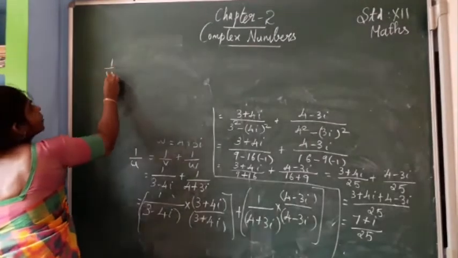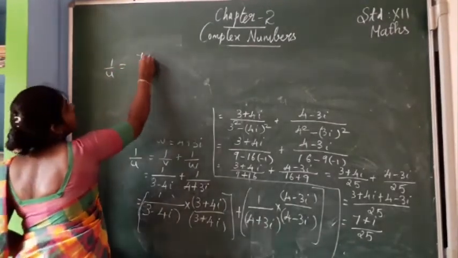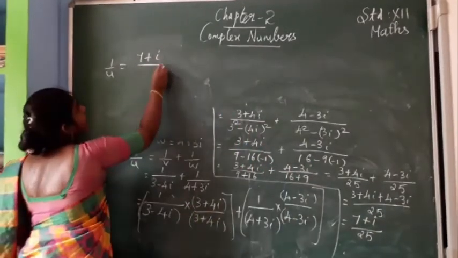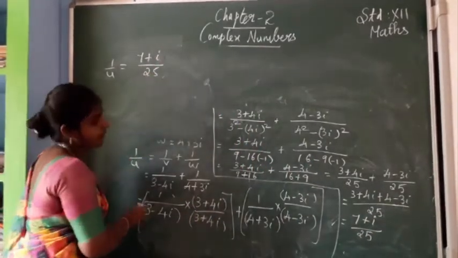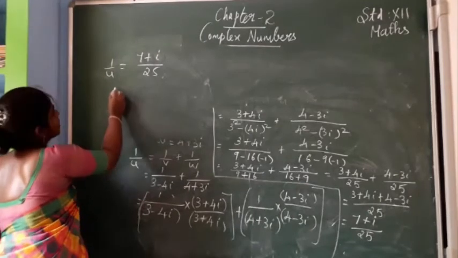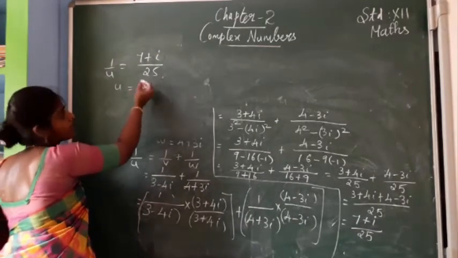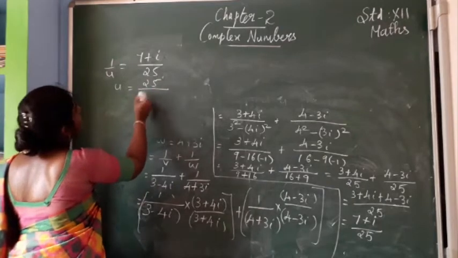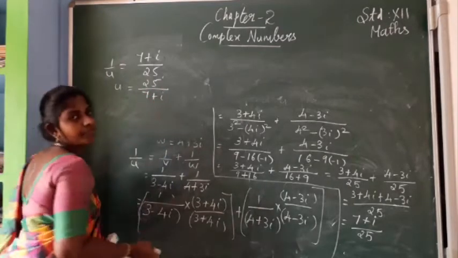So 1/u is equal to (7 + i) divided by 25. So u is equal to, take the reciprocal, 25 divided by 7 + i.